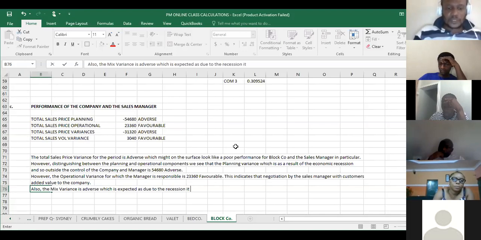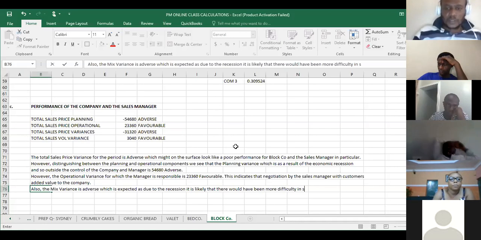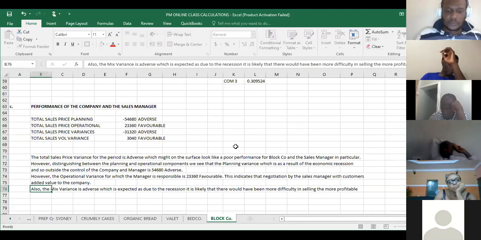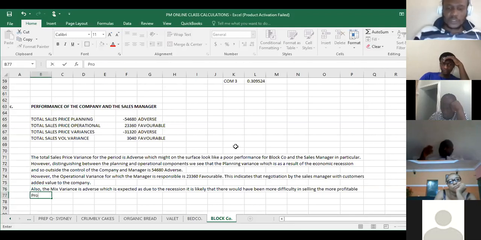It is likely that there would have been more difficulty in selling the more profitable product. What product is that? Commodity 3.